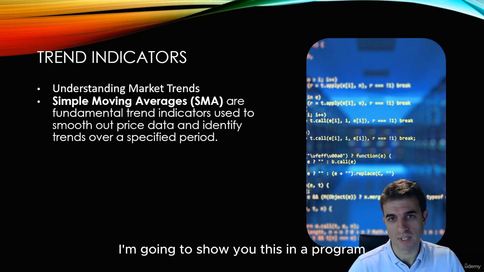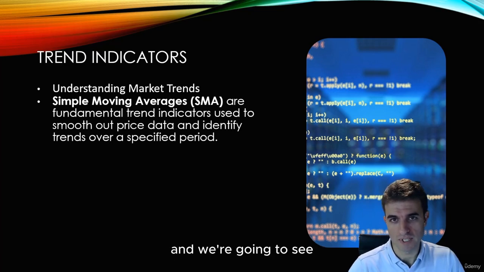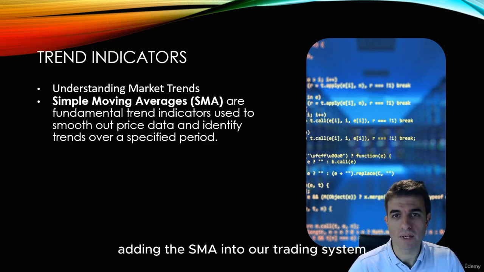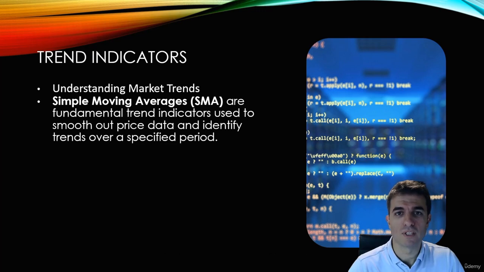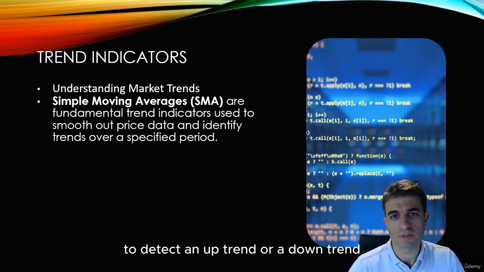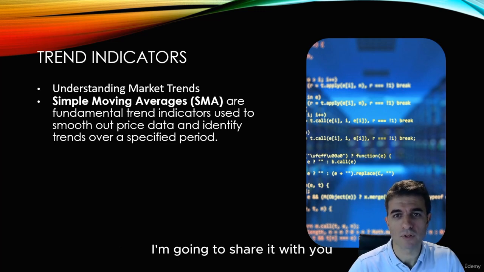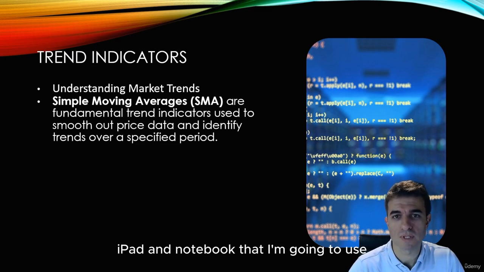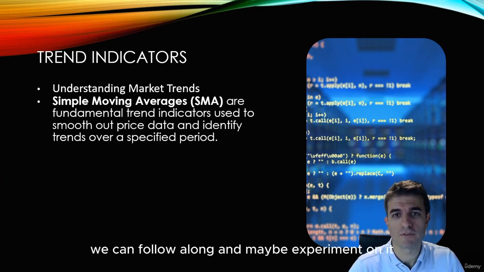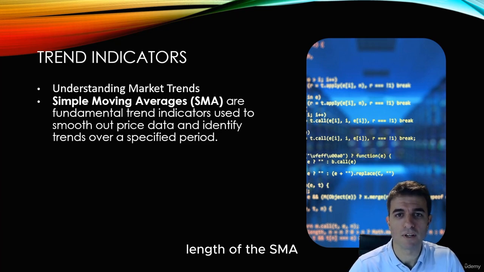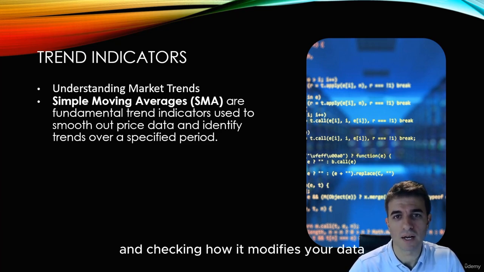I'm going to show you this in a program, and we're going to see how we can use this in Python, adding the SMA into our trading system and using the candles to detect an uptrend or a downtrend. You can also download the IPython notebook that I'm going to use in the video, so you can follow along and maybe experiment on it, changing the length of the SMA and checking how it modifies your data.